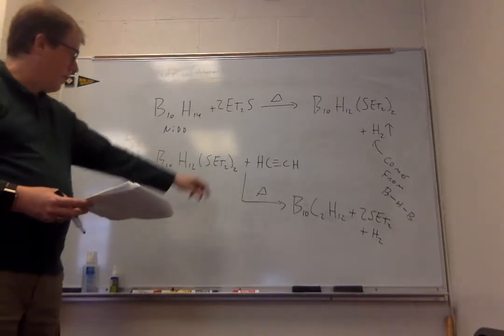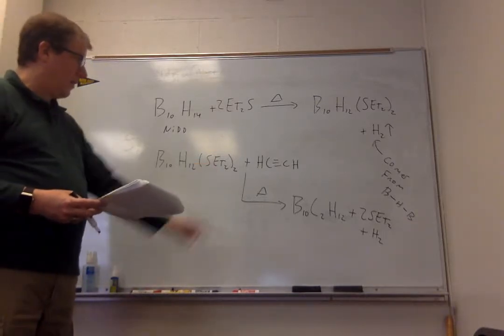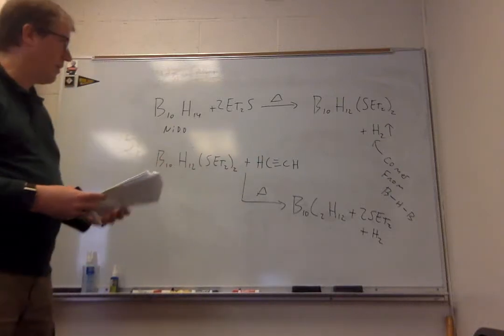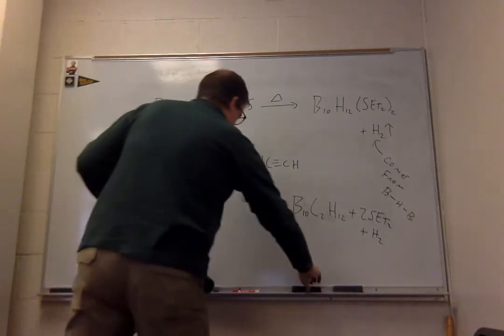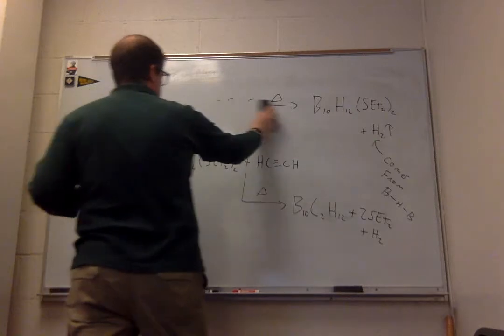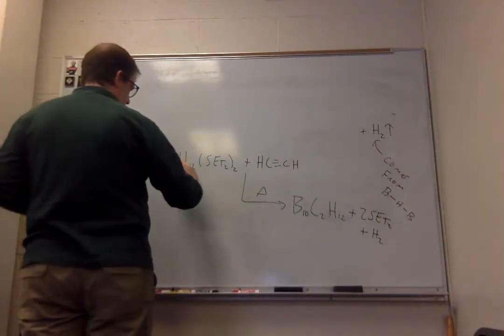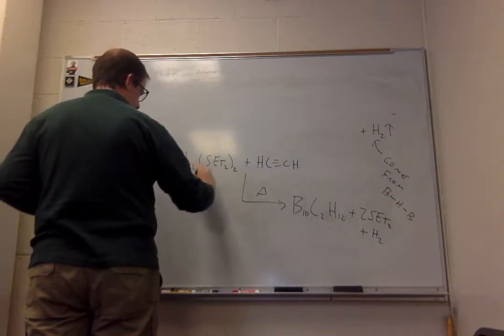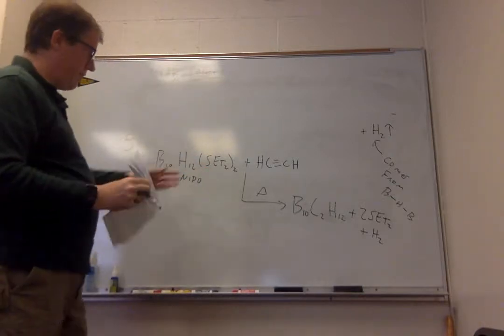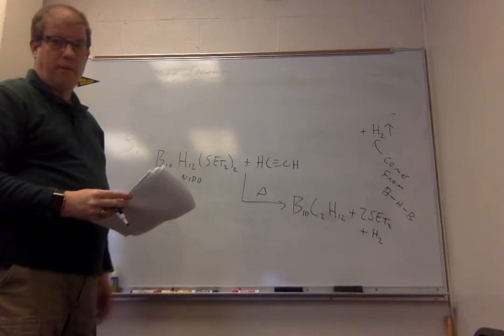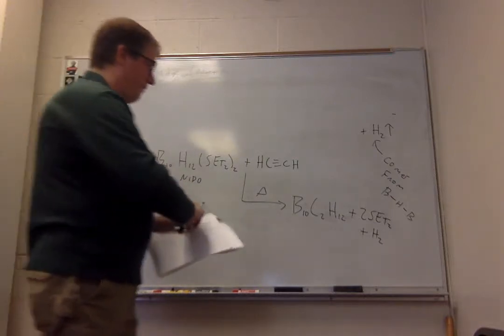Okay, so this is lost. The carbons actually get placed into the cluster themselves. And so effectively, and again, note this is a nido material still. If it weren't, this next step probably wouldn't happen either. Okay?